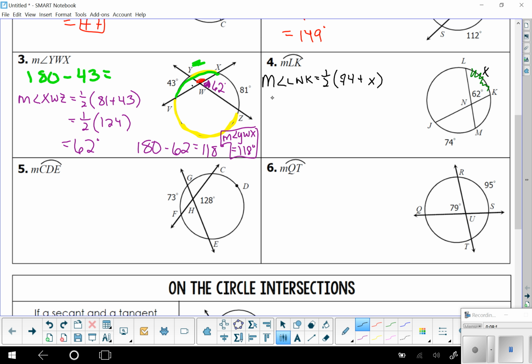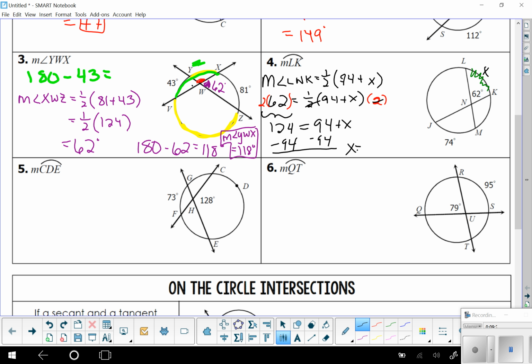Okay, so this is 62 equals 1/2 times 94 plus X. Let's get rid of this 1/2 by multiplying by 2. So that right there is 124. Those cancel. 94 plus X, subtract the 94.